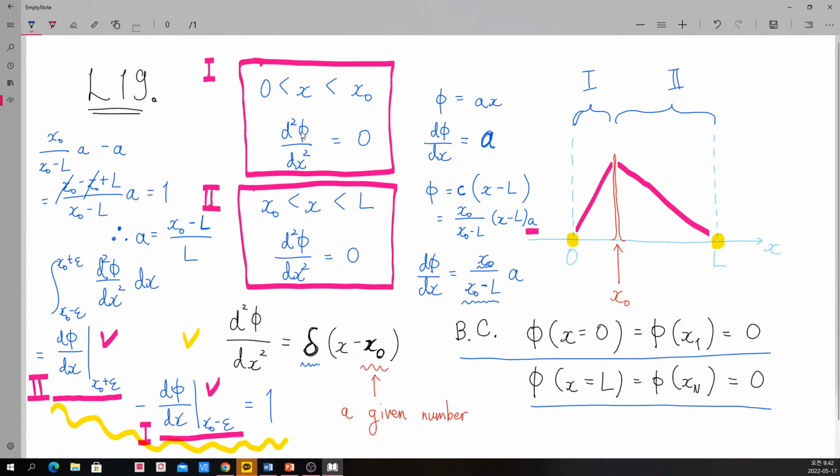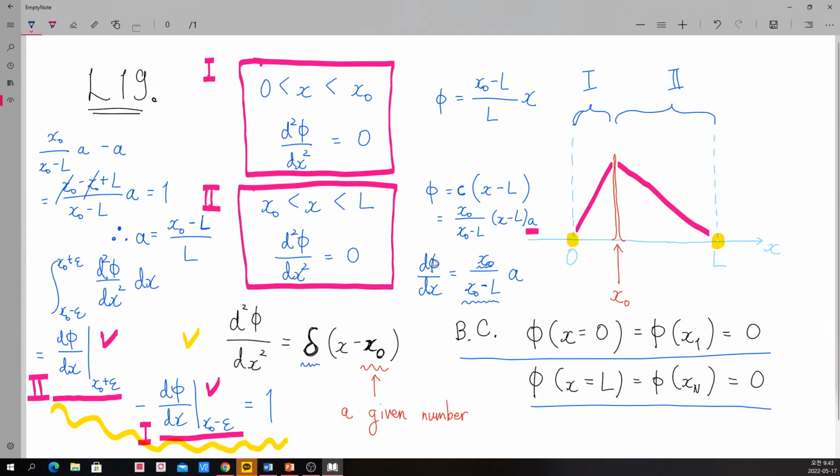Thank you. And let's finally write down the solution. Since a is given by this number, we can write down explicitly x naught minus L times x. That is the solution phi in region 1.